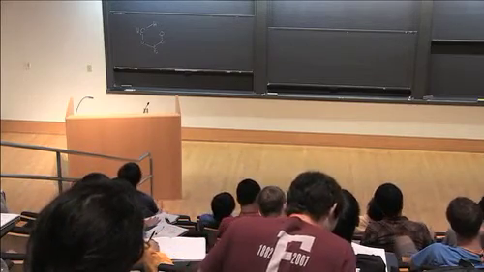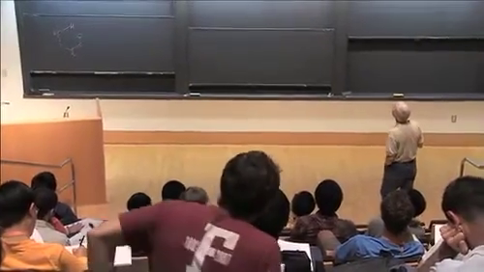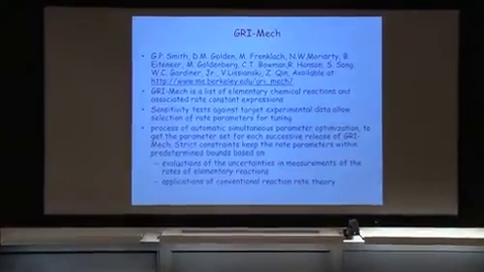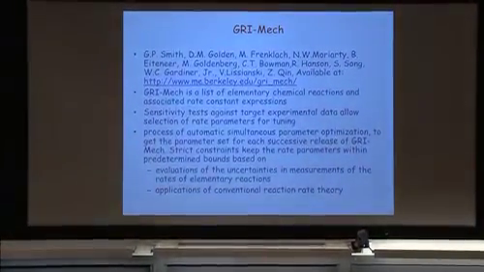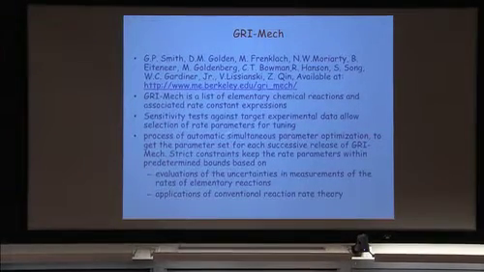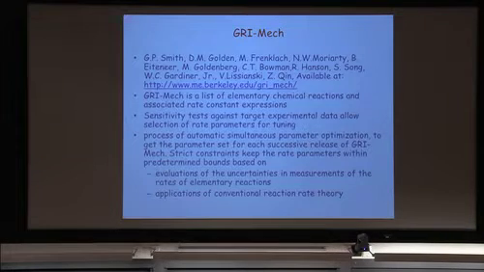OK, so GRI-Mech. And many of you here will have used GRI-Mech. So it's a list of elementary chemical reactions and associated rate constant expressions. Sensitivity tests have been carried out against experimental data. And then the rate parameters have been tuned. And they've been tuned within their ranges of uncertainty.